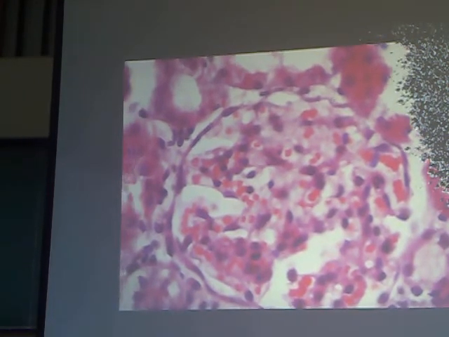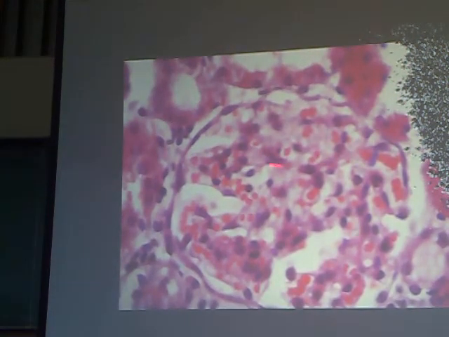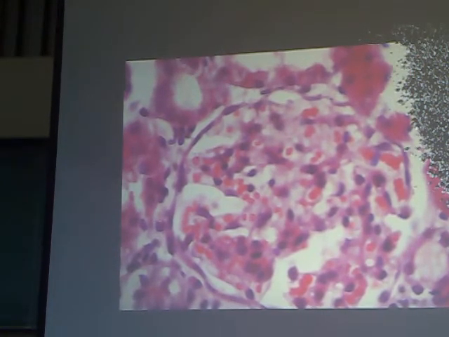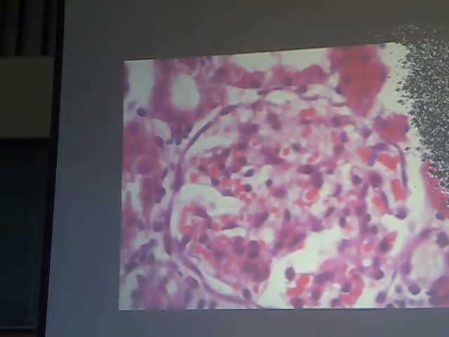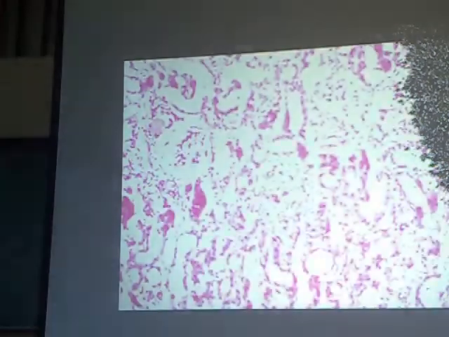Acute glomerulonephritis: increased cellularity in the glomerulus because of the infiltration of mostly neutrophils, because they are attracted by C5a from the activation of the complement system via the deposition of antigen antibody complexes.